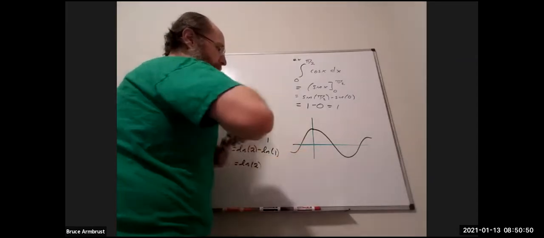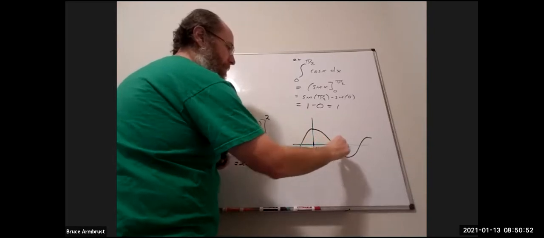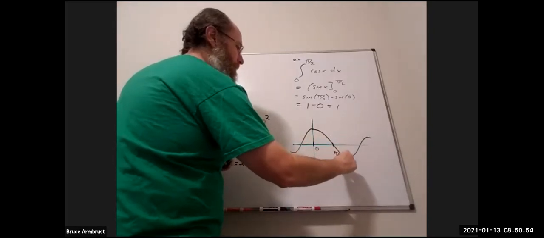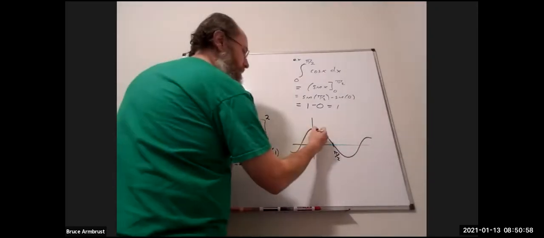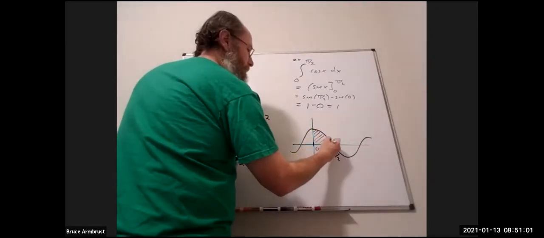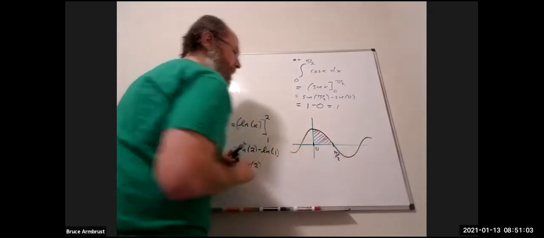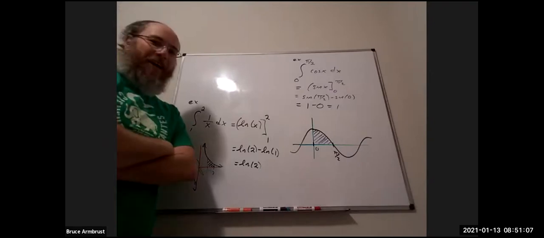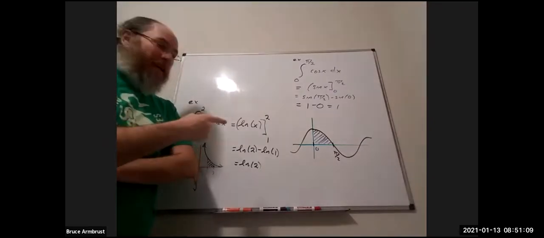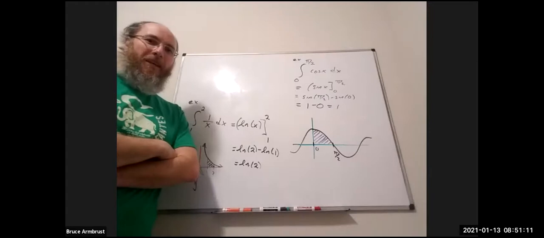So 0 is right here, pi over 2 is right there, and so integrating from 0 to pi over 2 is this little chunk right there. So check that out. The area of that little piece is 1.